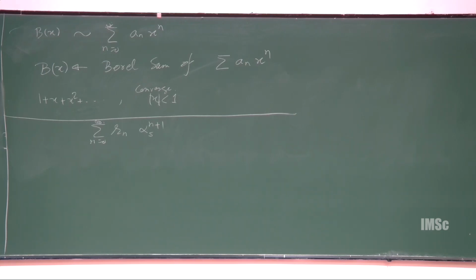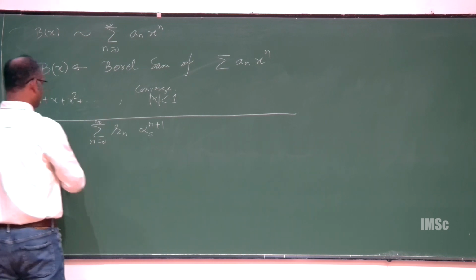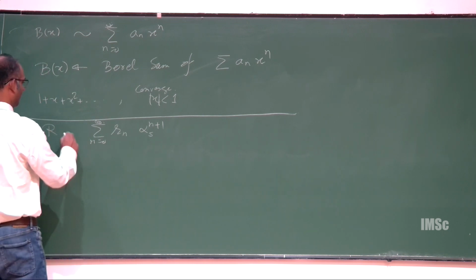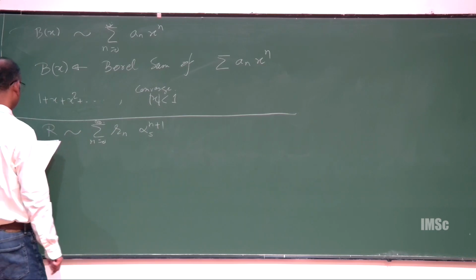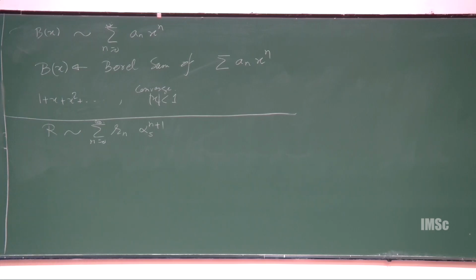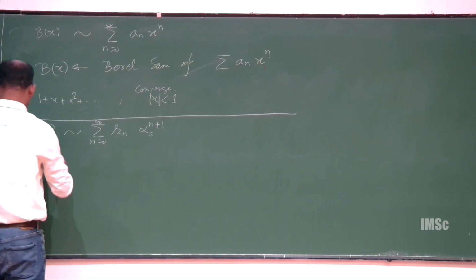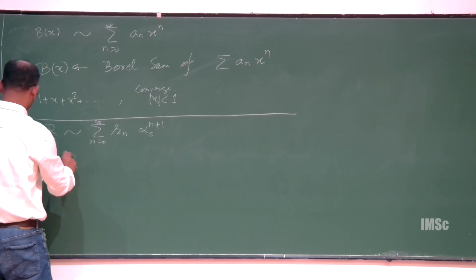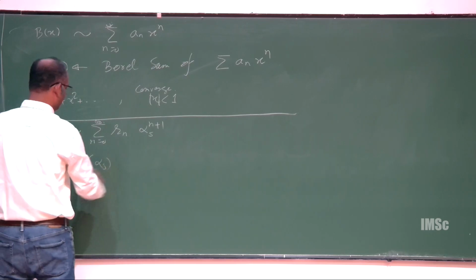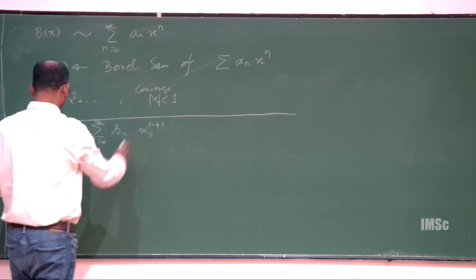So, the nomenclature that I am going to use is, suppose you have some observable R which is asymptotic to this series, okay, then this thing we will call the Borel transform. So you do a transformation which is dividing the coefficients by n factorial. So we take a Borel transform of this series, which depends on alpha_s, which was x earlier.